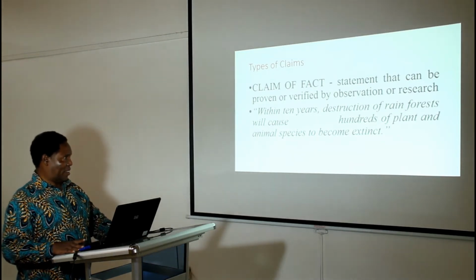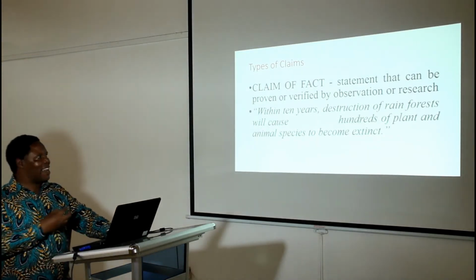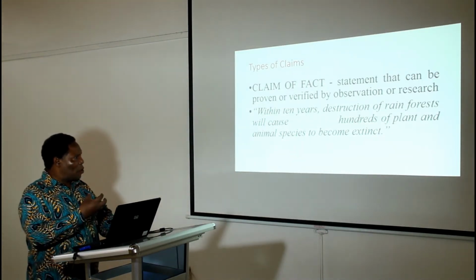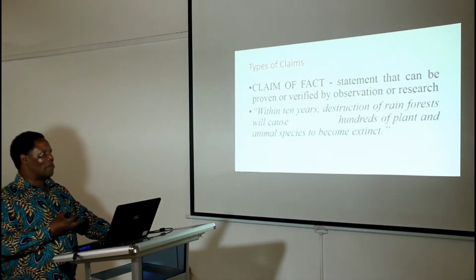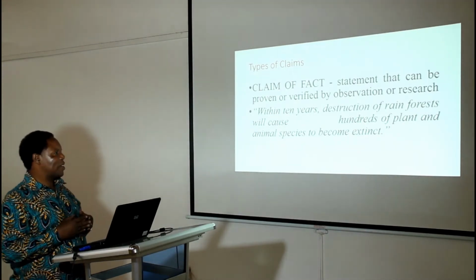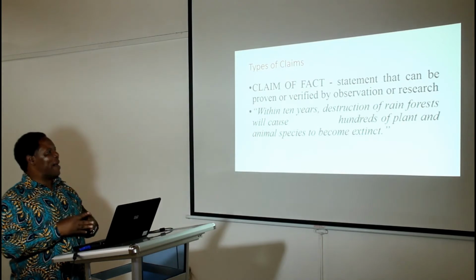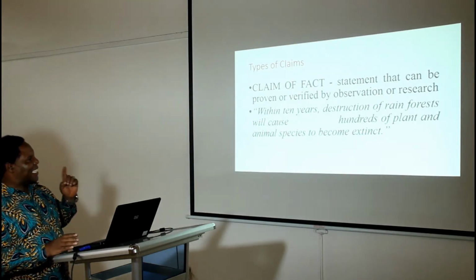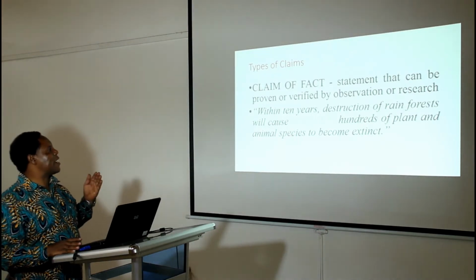Now here, you are trying to show a claim of fact. This means what you are saying will happen because you have proof. You are showing what will happen following the destruction of rainforests.